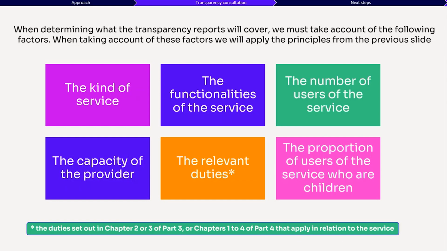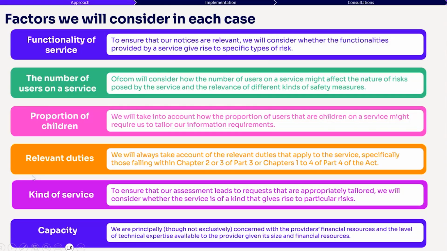We won't be placing more or less weight in total on any of these factors. We'll be looking at them holistically when we're making our decisions about what information to require. I'm going to go into a little bit more detail now on exactly how we'll consider some of these factors to make sure that we're being relevant, appropriate, and proportionate in our transparency notices. So next slide, please, Ramneet.